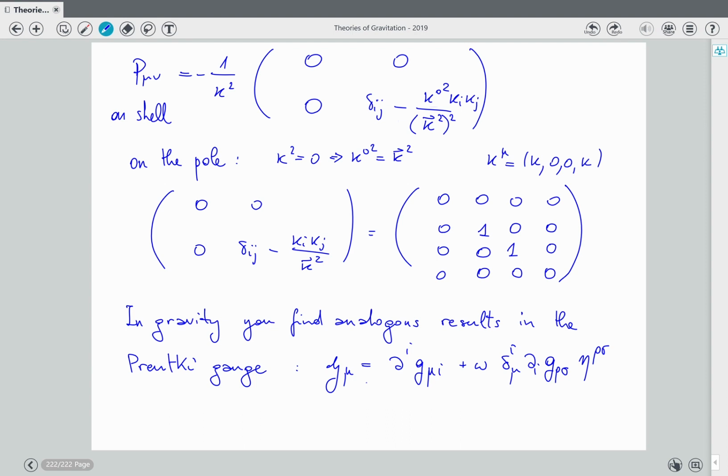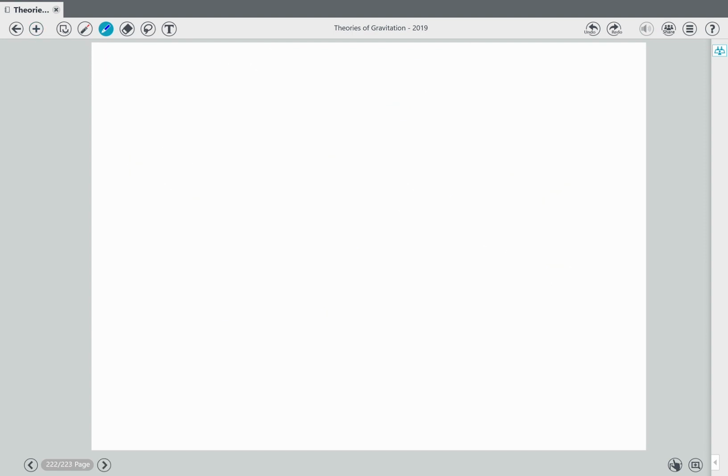So let's illustrate very briefly what quantum field theory is about in a simple case, how you build the scattering amplitudes.